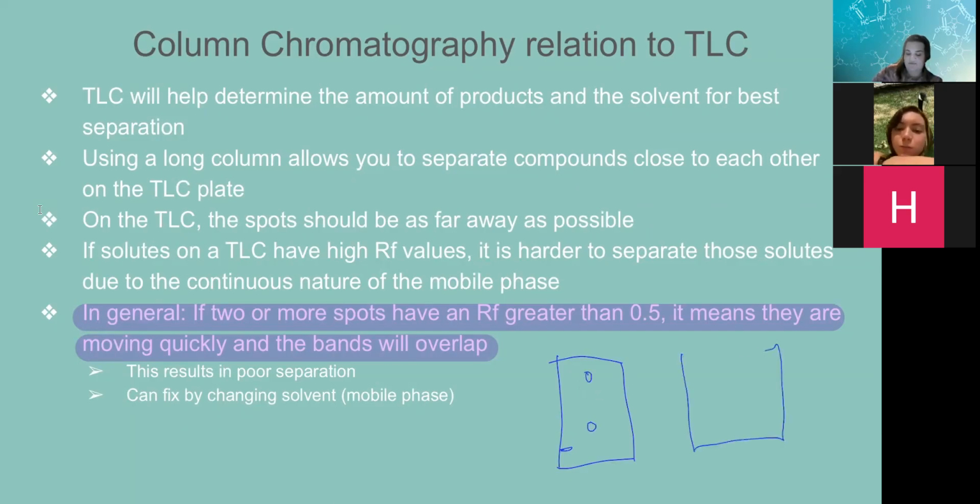If you have both spots greater than 0.5, they're going to come off the column so quickly that you're not going to be able to separate them. Okay, these bands are going to overlap.